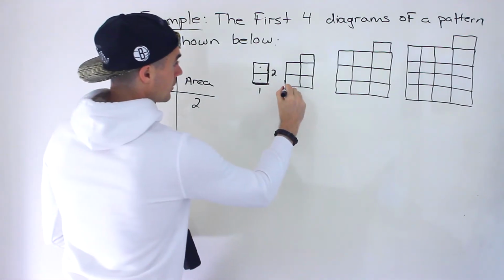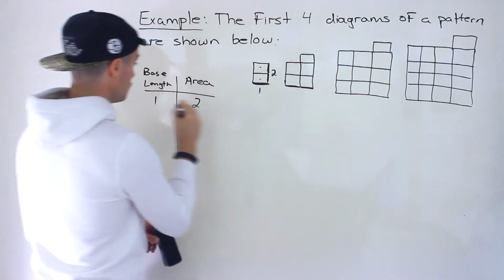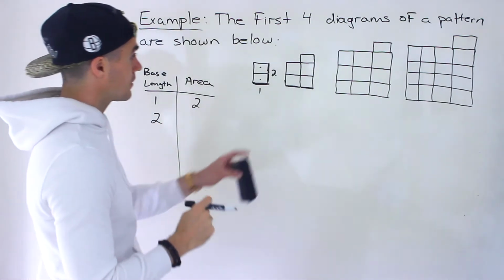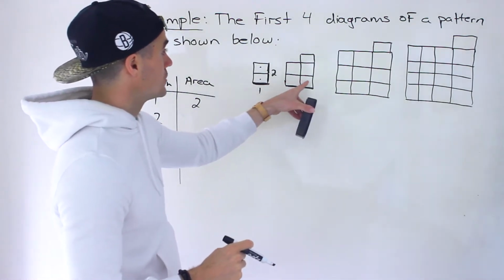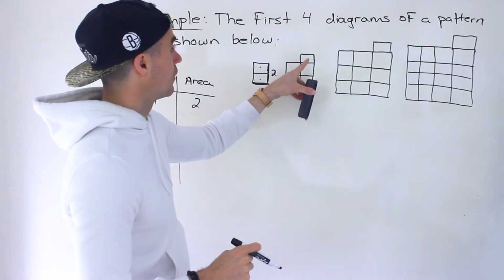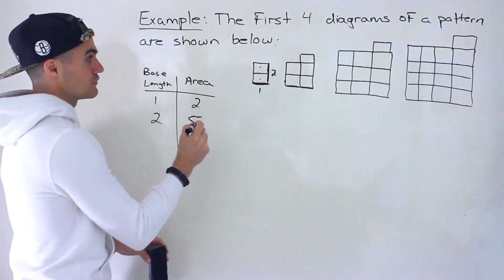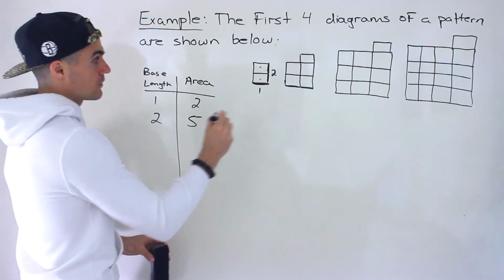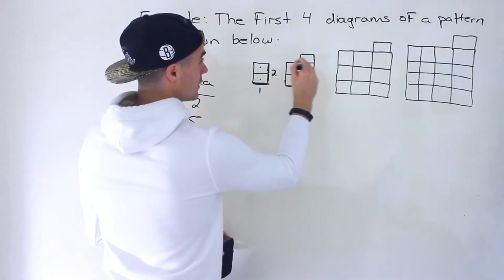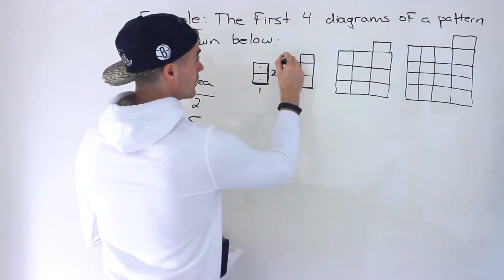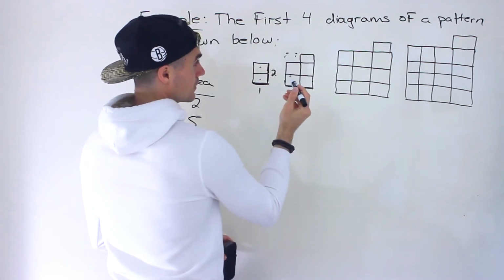Over here in the second diagram, notice the base length is 2 units. What's the area? Well, it's going to be 1, 2, 3, 4, 5, so 5 of those squares. You can't do 2 times 3 because there's 1 unit missing.